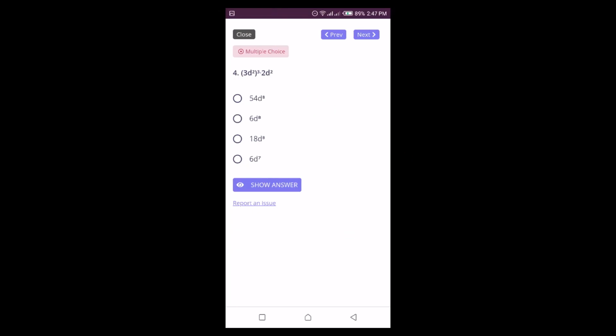Now this one you have to solve, and you know very well how to solve this. Just write this question on the page and try to solve it. It's very easy, you just need to be focused on the question.